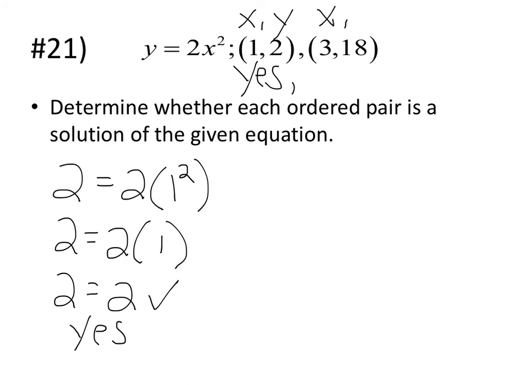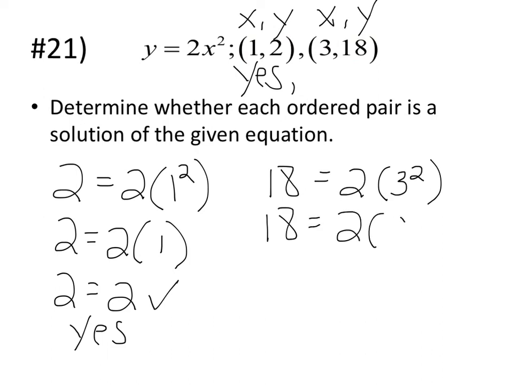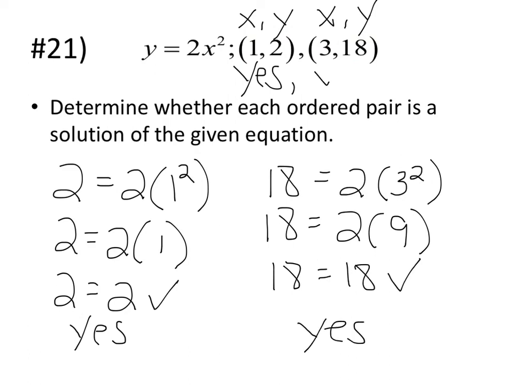And then let's try this one, 3, 18. So everywhere there's a y, I'm going to put an 18. Everywhere there's an x, I'm going to put a 3. So 18 is equal to 2 times x squared, which is 3 squared. 18 is equal to 2 times 9. 18 is equal to 18. Yep, that's true. So this is also a yes. So this one is yes, yes.